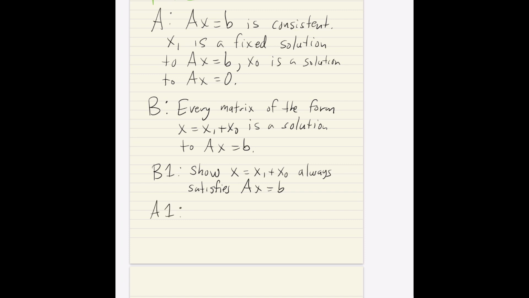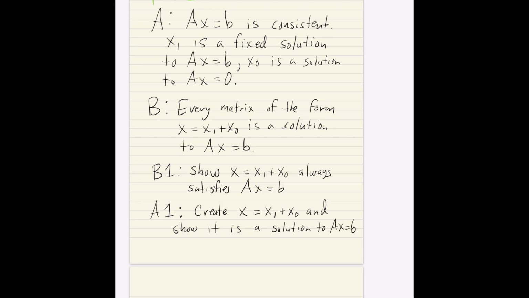A1 will then be the case where we're going to create a vector x equals x1 plus x naught and show it is a solution to AX equals B.